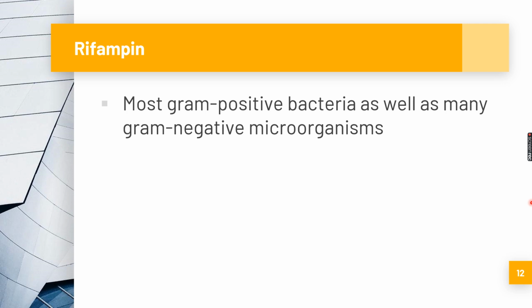Rifampin actually affects most gram-positive bacteria as well as gram-negative microorganisms, not only Mycobacterium tuberculosis. But to prevent the development of resistance to rifampin, we do not use rifampin in the management of other infections.